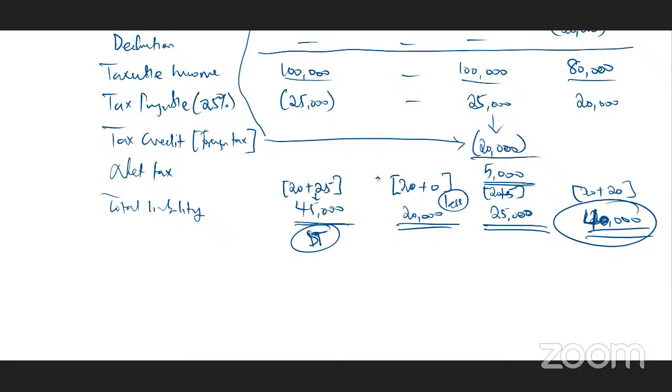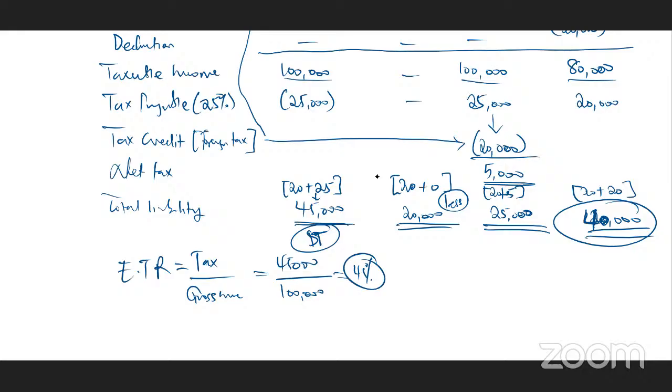Now, in actual sense, the effective tax rate is just your tax over your gross income. So the total tax you ended up paying here was 45,000 over the gross income of 100,000. So the effective tax rate here is 45%. Wow, that's very high. What about here?